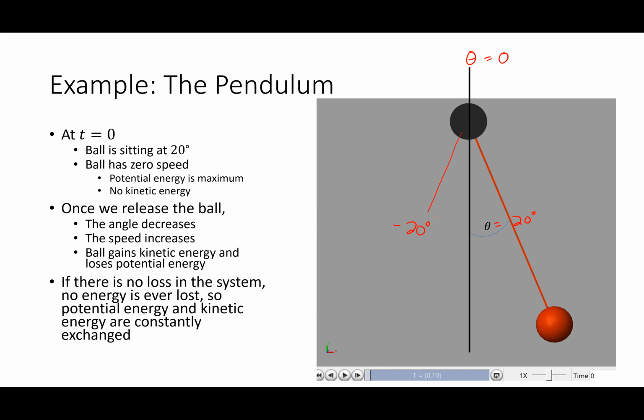If there were no losses in this system, it should just go back and forth between negative 20 and 20 degrees forever. And if I plotted what the angle looked like, what would it look like? It'd be perfectly sinusoidal.